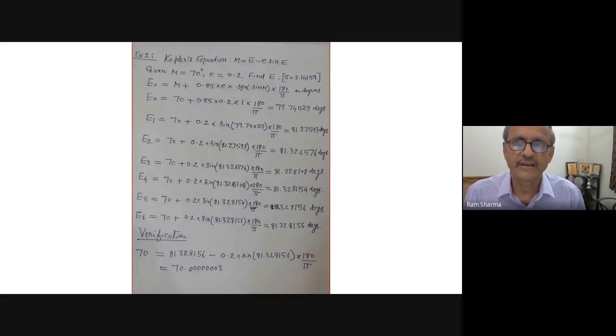In the second step you can see the positive sign, 0.85 into 0.2, the eccentricity, and 1 is written just to show that 1 has come, not -1, and 180 by pi I have written. So directly after conversion I have put it in terms of degrees, and you got the answer in degrees only. Otherwise you have to convert to radians and then again to degrees.